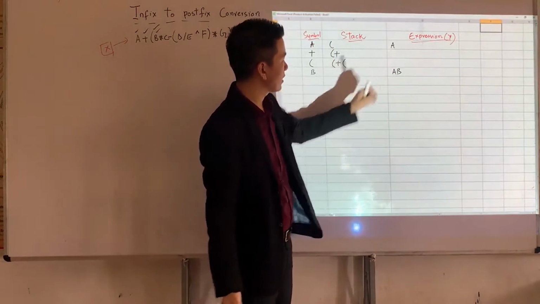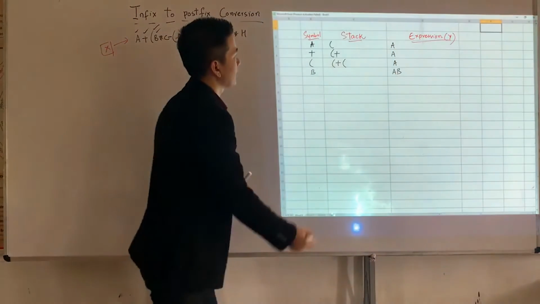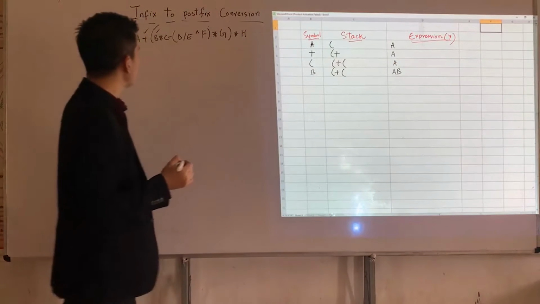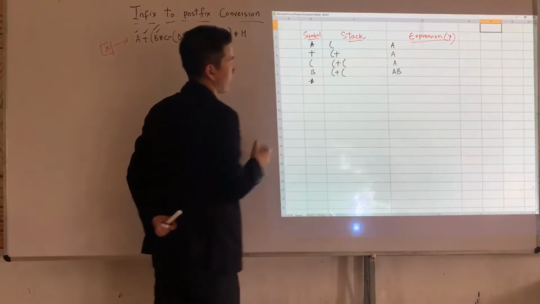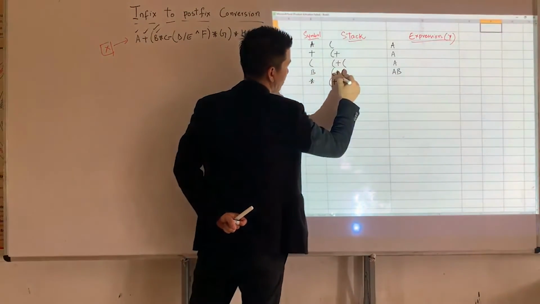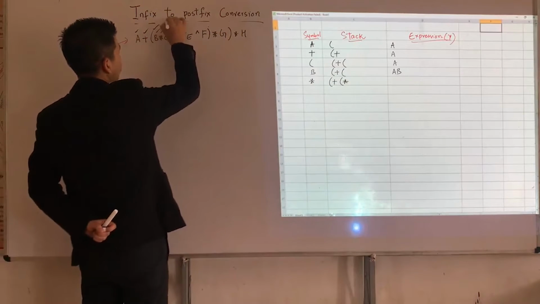You can fill up all these like this. And then this status will remain as it is. Now the next up is the multiplication sign. This is an operator, so it will have to be pushed onto the stack like this. I'm done with the multiplication sign.